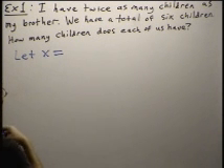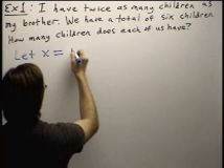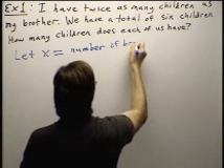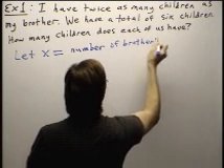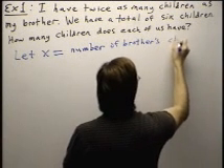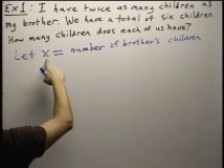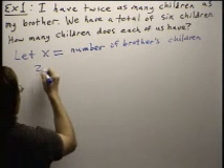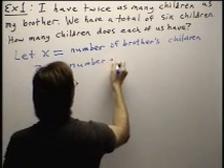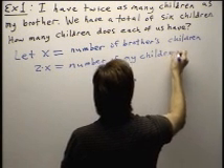So the most natural way to do it is to say, let x equal the number of my brother's children, because then the number of my children is going to be twice that. Well, twice a number is 2 times that number, so 2 times x is the number of my children. And those are our 2 unknown quantities.